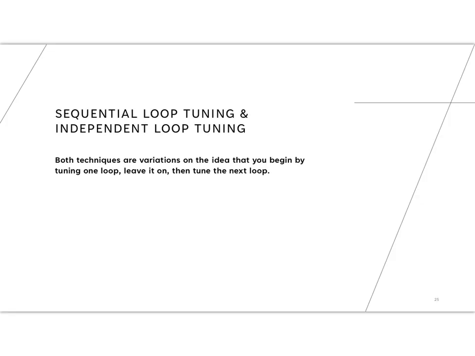Sequential loop tuning and independent loop tuning are in some respects very much the same. Basically, the idea is you just tune a loop. Figure out which loop you're going to start with and tune it. And then leave it on and tune the next loop. And do that all the way through all of your loops.